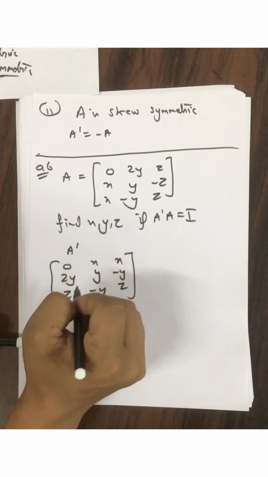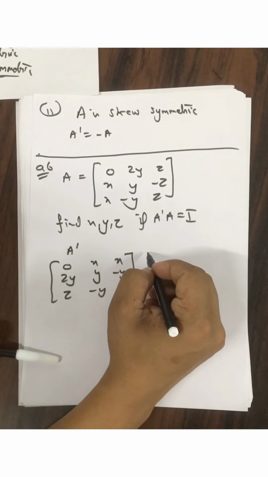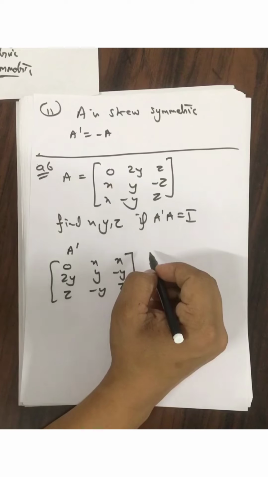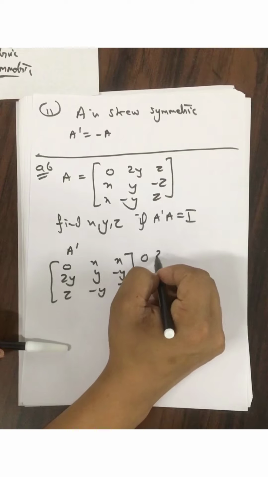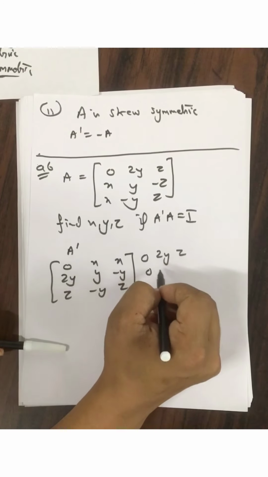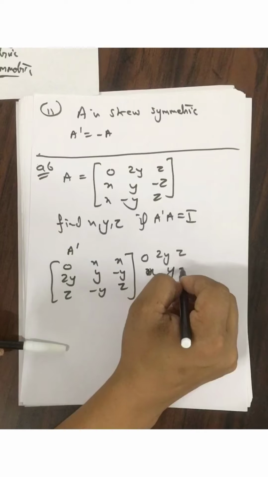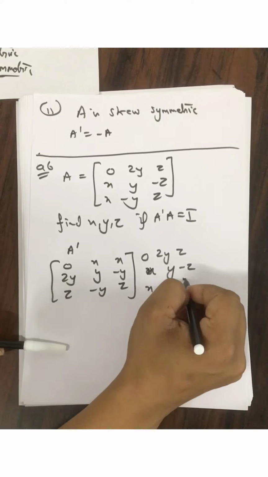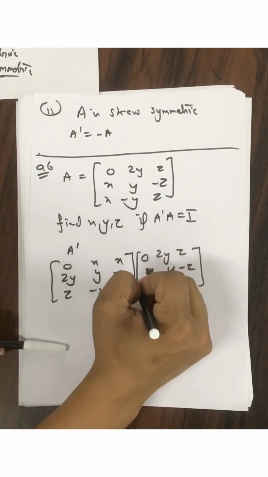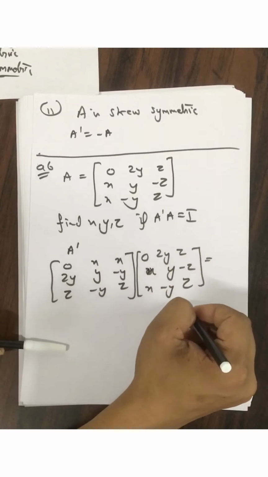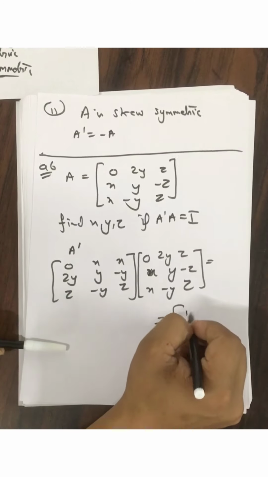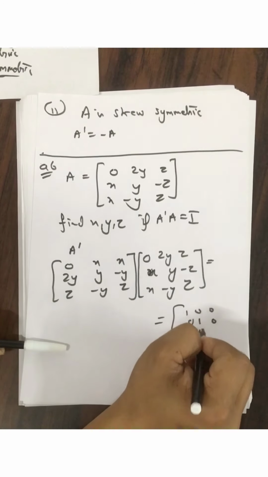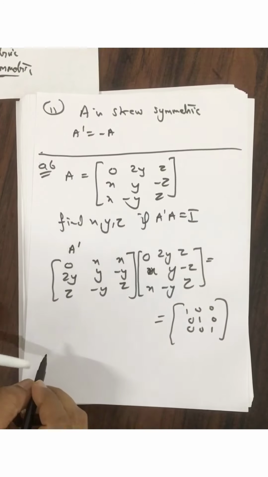This is there into A. What is A? 0, 2y, z; x, y, minus z; x, minus y, z. This is the same, equals I, which is 1 0 0, 0 1 0, 0 0 1, and you can multiply easily.